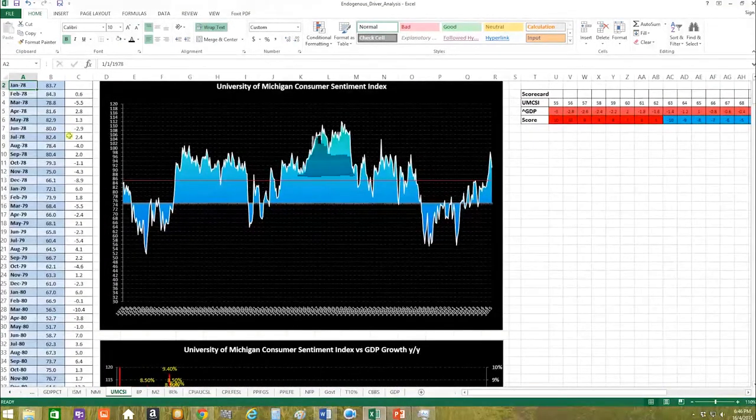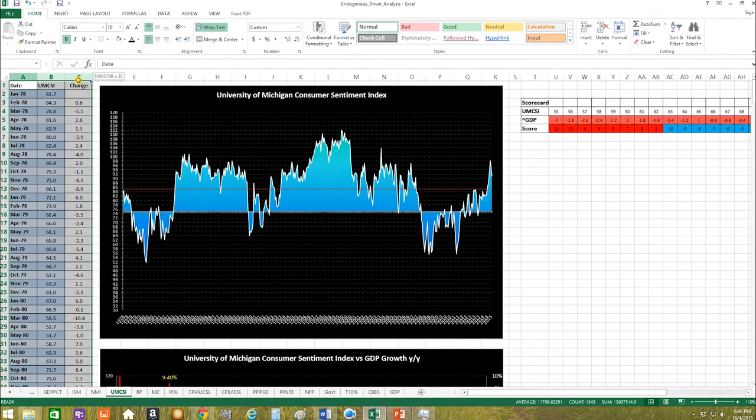You can see that our data set goes back to 1978, and all we care about here is the absolute level of the UMCSI and the change month on month, not in percentage terms, but in a points analysis. So this is just the change that gets reported every month.